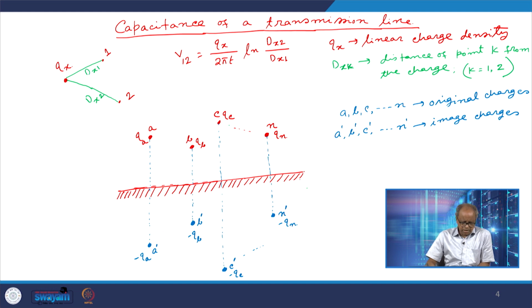Now, we also define some distances. Now, of course, suppose that I have some point 1 and point 2.